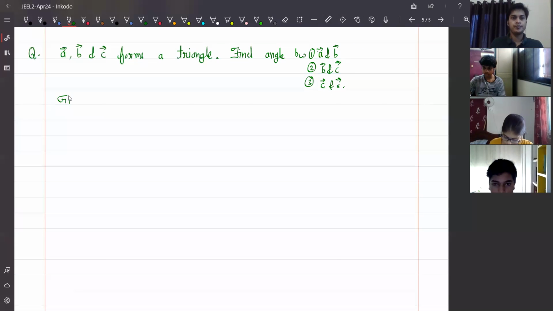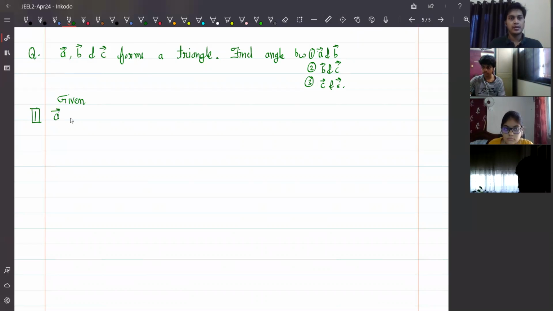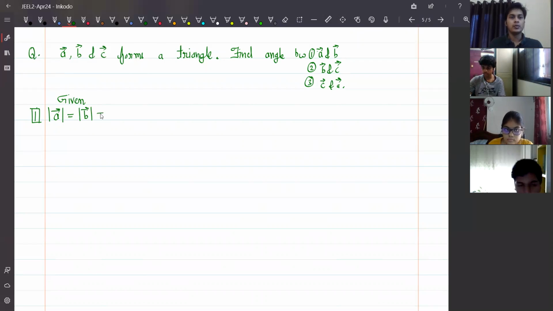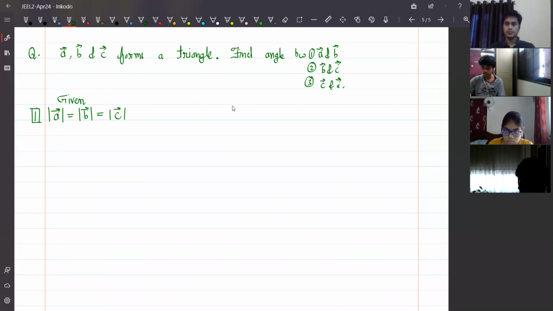given the first case, mod of A equals mod of B equals mod of C. So in this question, there are three vectors which are forming a triangle, and you have to find the angle between those three under the condition that all the sides are equal.